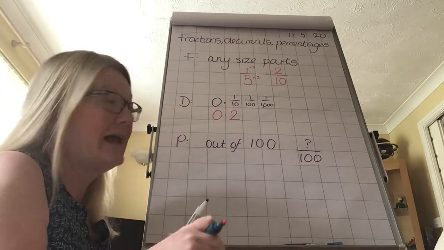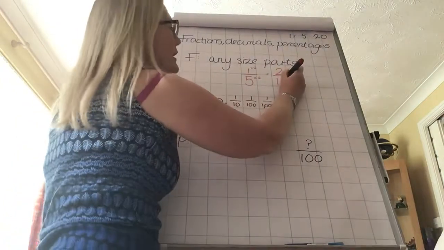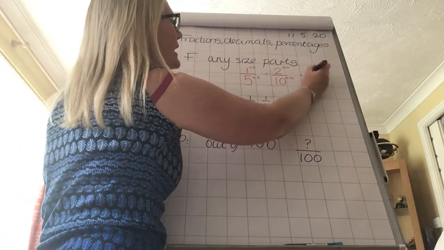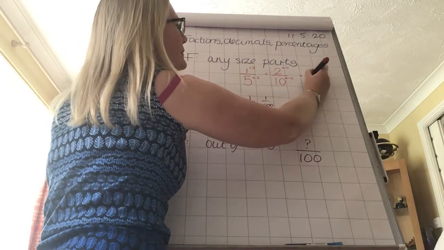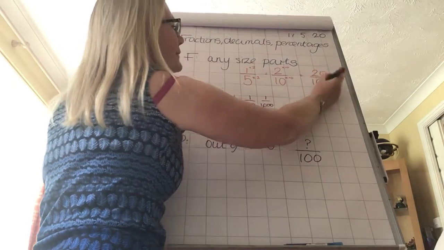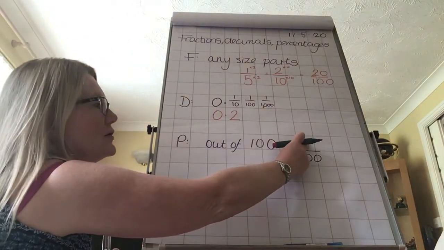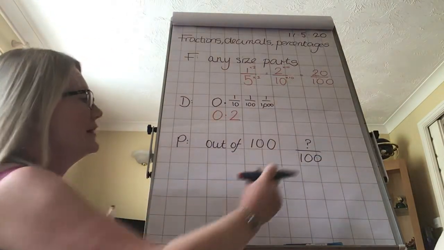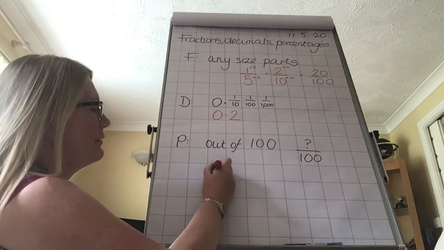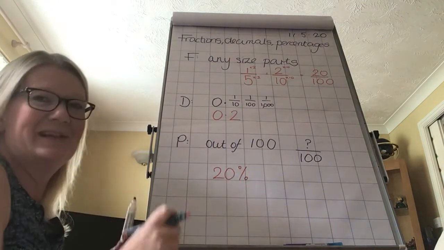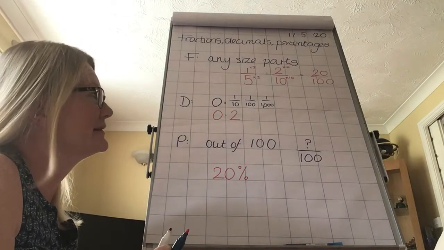If you want to put that extra step in, we could multiply our numerator and denominator by 10 to get 20 hundredths. We've now got 20 out of 100, so 1/5 is 20%, and remember the symbol for percent.